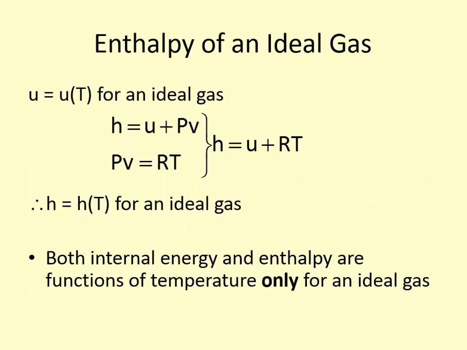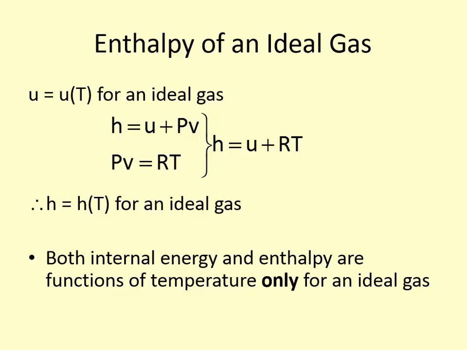Similarly, we can show that for an ideal gas, enthalpy, H, is also a function of temperature only. Because if enthalpy is equal to U plus PV, and we know for an ideal gas that PV is equal to RT, then H is equal to U plus RT for an ideal gas only.